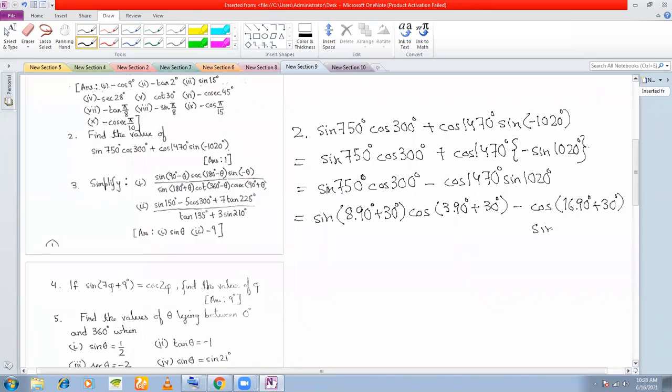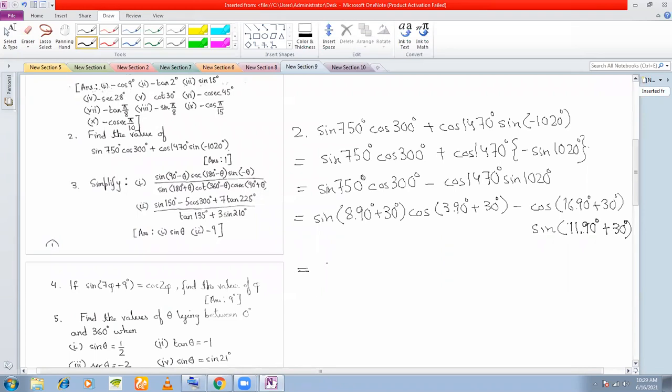Sine 1020 is 12 into 90 minus 30, or 11 into 90 plus 30, because we are dividing. 11 into 90 plus 30. Yes, fine.